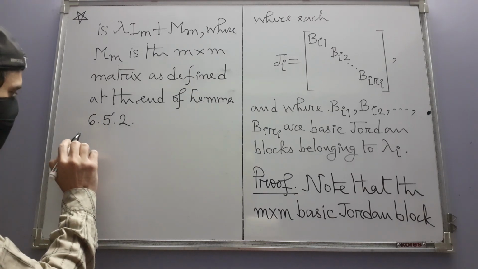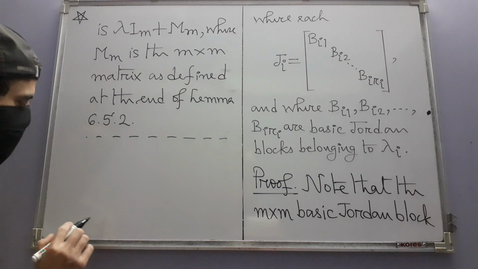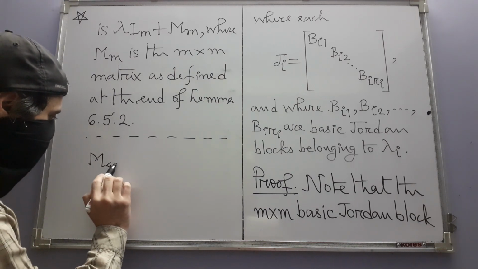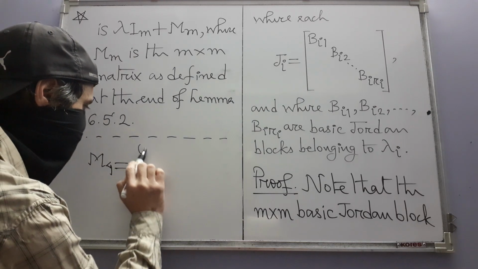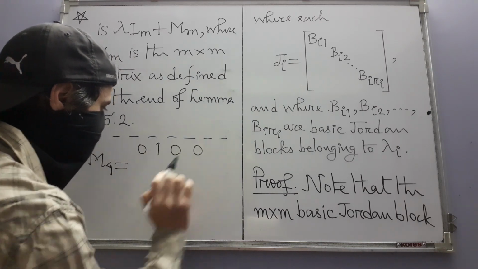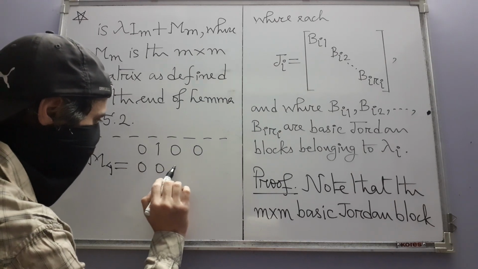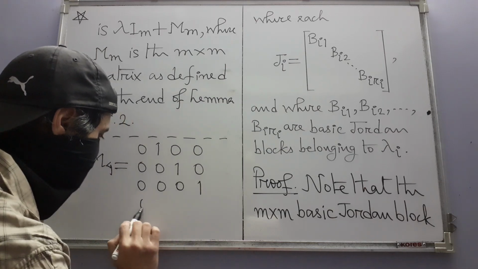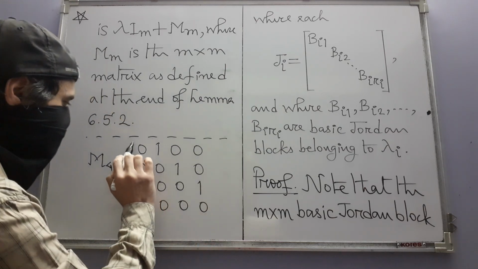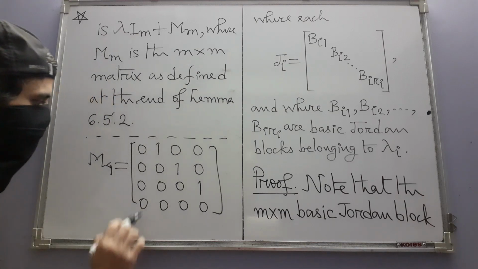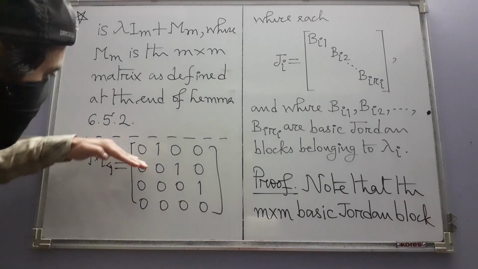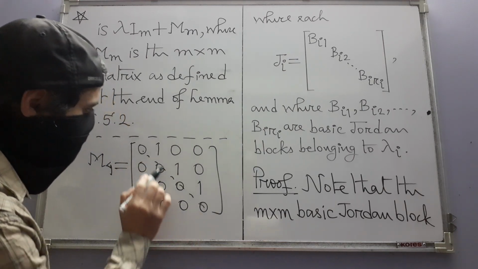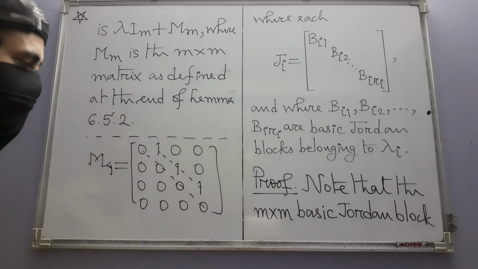For example, this is not a part of the proof, I am just simply showing you. Say you want to write M4, it will look like this. So this is your M4. All the entries are 0 except, so this is the leading diagonal, the super diagonal consists of 1s.